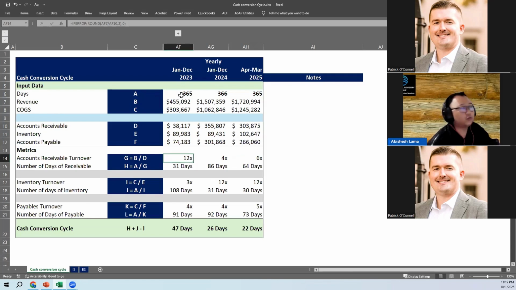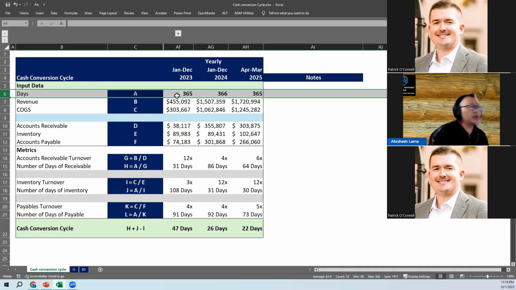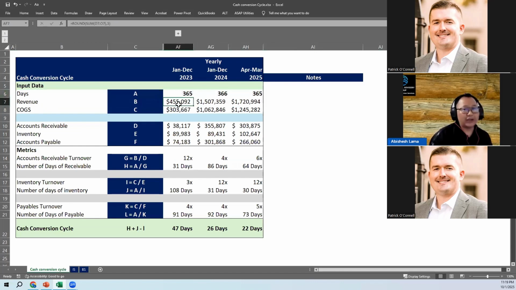Since we are doing it on a full year basis, to compute days sales outstanding, we would divide the number of days by the turnover multiple, accounts receivable turnover. So 365 divided by 12x, you would see 31 days. Next, since it was 4x, 86 days. Here, we've taken 365 days because the revenue that we are taking is also for 365 days.